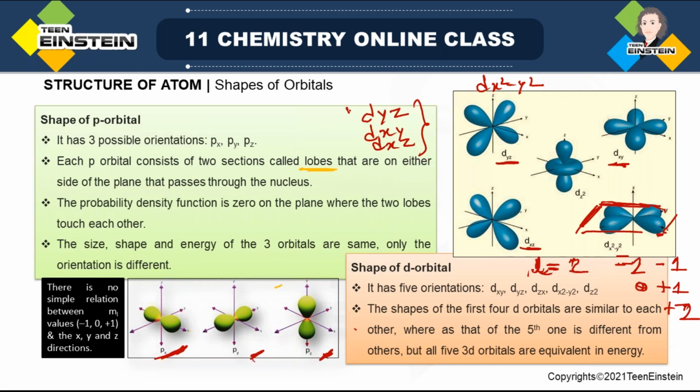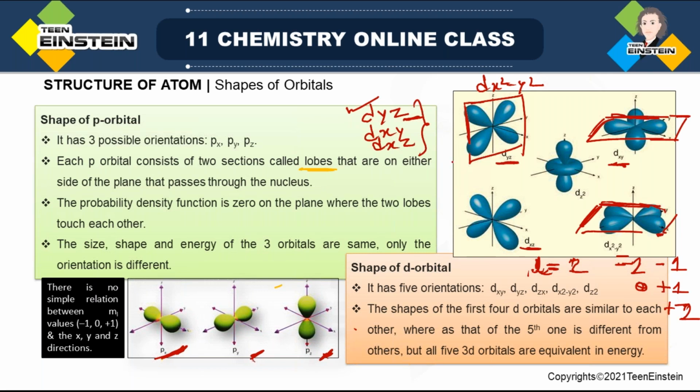But if you consider these three, here also the lobes are present in the plane mentioned in the subscript. If I am saying it is yz, obviously it is present in the yz plane, which is the plane of the computer screen. Similarly when it is dxy, it is on the xy plane. You can get that idea from what is mentioned in the subscript.